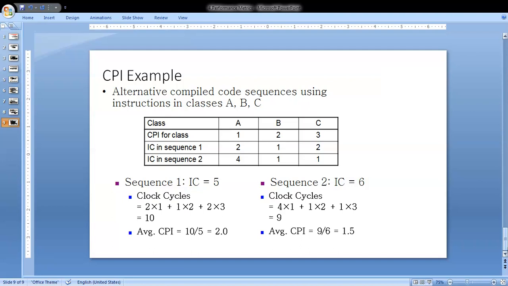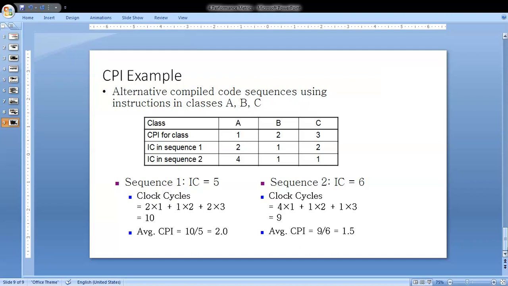We can count 2 plus 1 plus 2 and 4 plus 1 plus 1, so we can directly get it. Likewise, the clock cycles of the first sequence are 2 into 1 plus 1 into 2 plus 2 into 3, right? So comparing the different clock cycles, we can get the average CPI: how many clock cycles it has spent divided by the total number of IC.